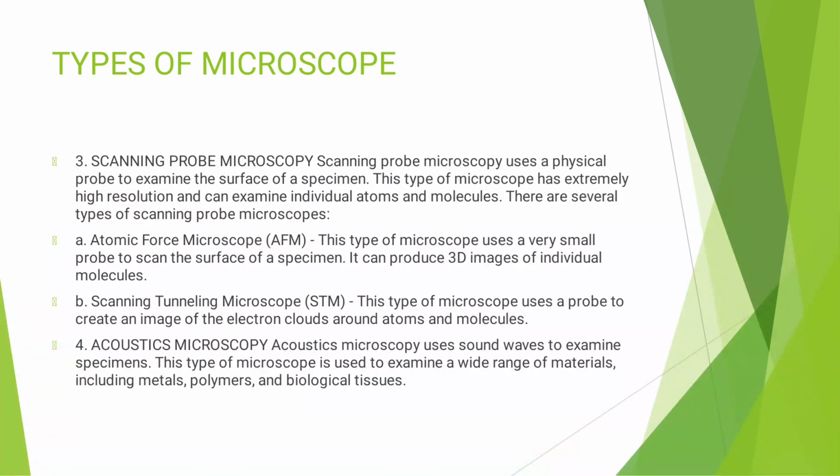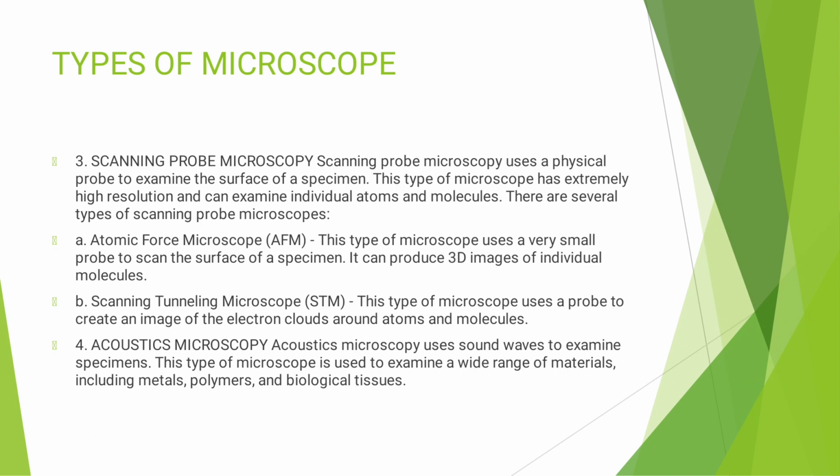The next type is scanning probe microscopy. It uses a physical probe to examine the surface of a specimen. This type of microscope has extremely high resolution. The types of scanning probe microscope include, first, the atomic force microscope.